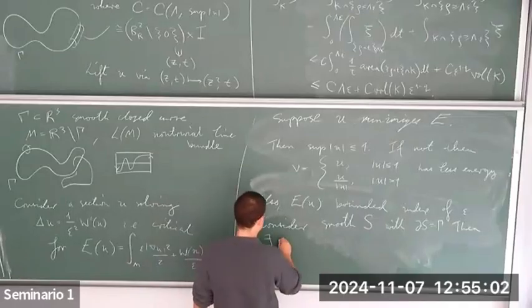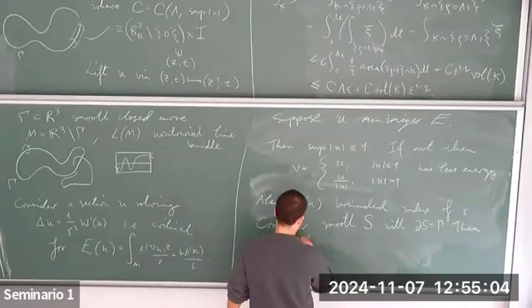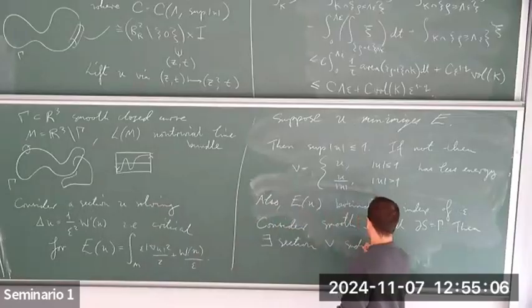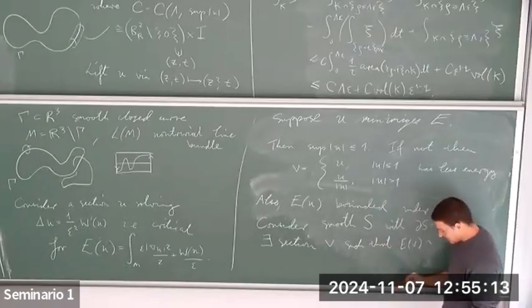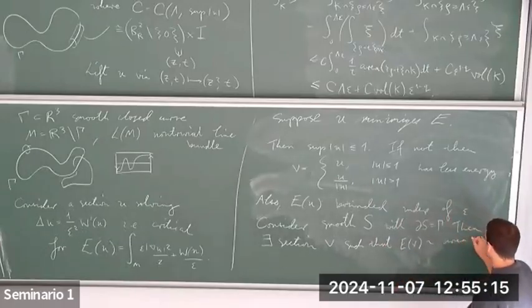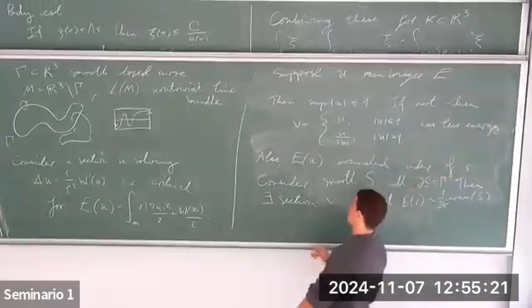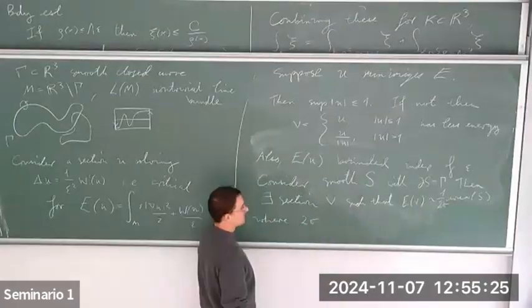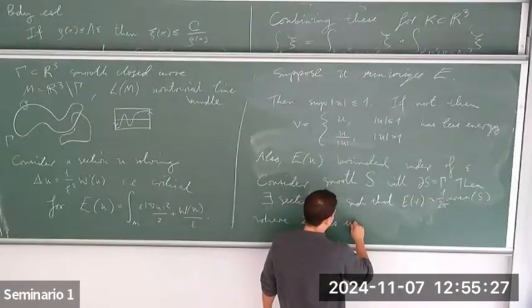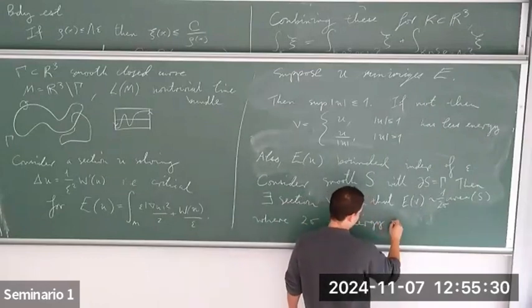So then there exists a section v such that the energy of v is very close to the area of sigma, up to normalization. So this constant q sigma is the energy of the one-dimensional solution.